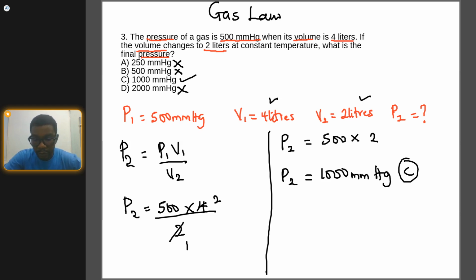So we have the next question to solve, still under the topic gas law.